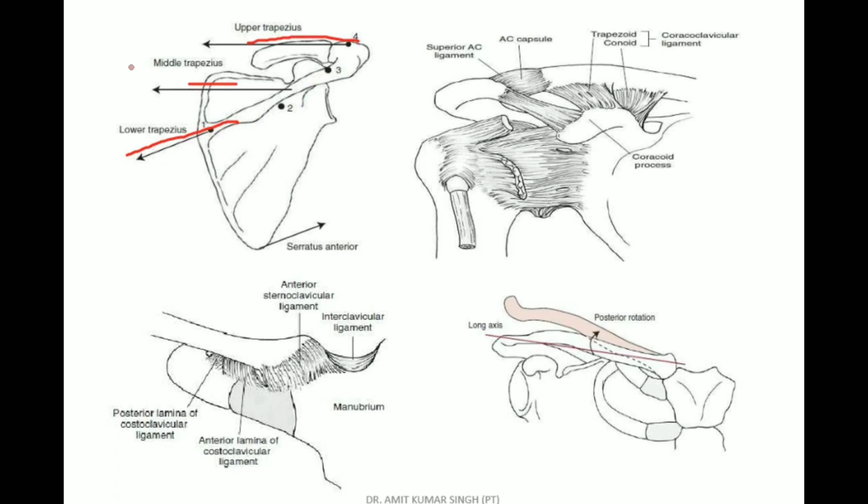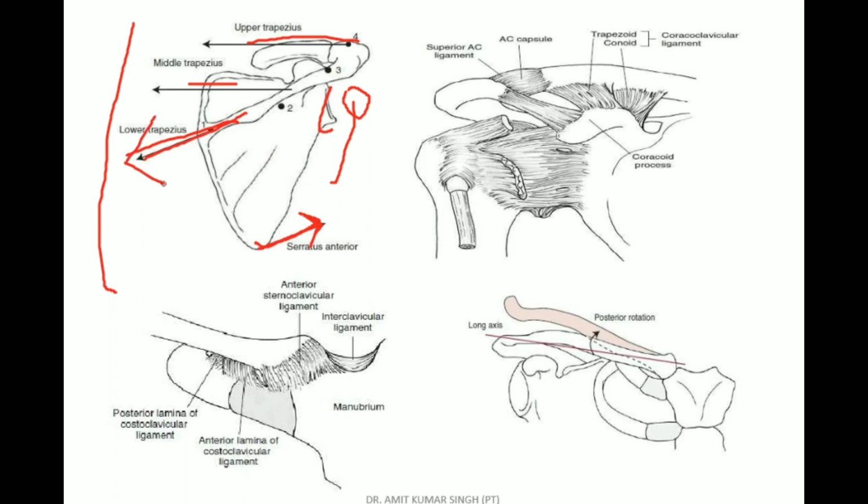They are on the medial side because here we will have the spine. And this is the lateral part where there is the glenoid fossa, and here we will have the humerus bone. Serratus anterior is on the lower part, on the inferior angle of scapula. So this is the pull of the serratus anterior, and this is the pull of the lower trapezius.